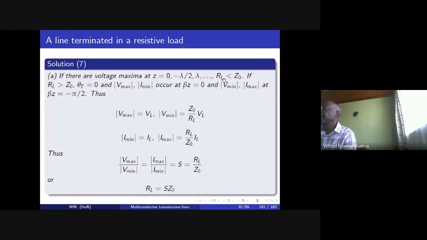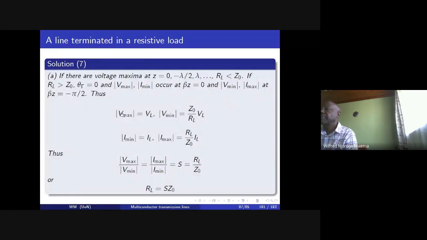Since the termination is gamma L, theta gamma is going to be 0, and therefore RL minus Z0 must be negative for it to have a negative value. If RL is greater than Z0, then theta gamma L is going to be equal to 0, and Vmax and Imin will occur at beta Z equal to 0, and Vmin and Imax will occur at beta Z equal to minus pi by 2.